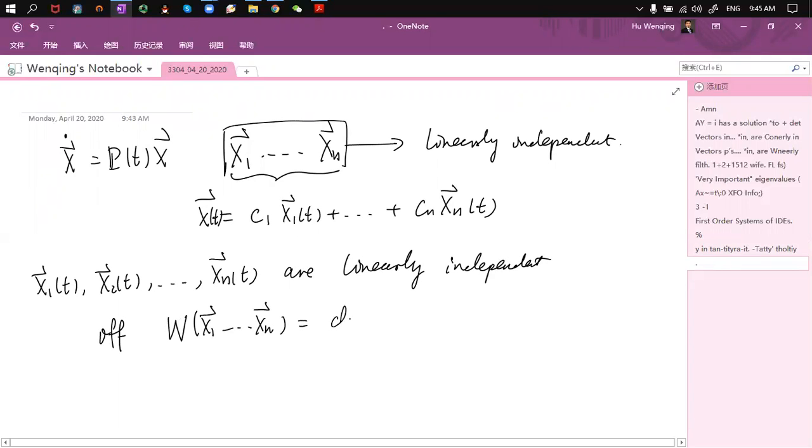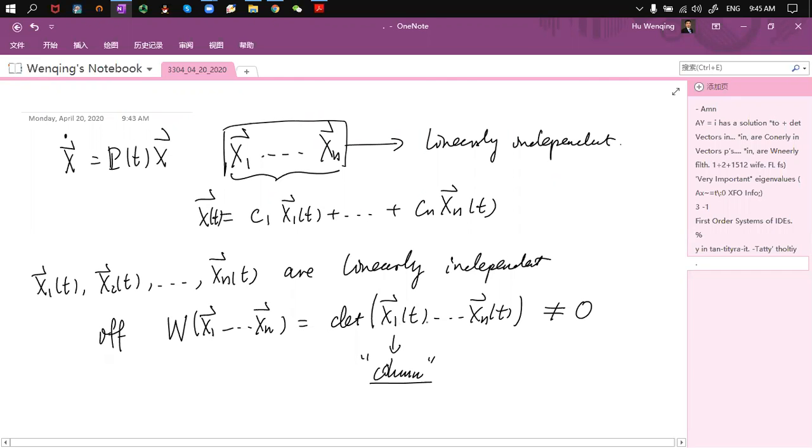You treat each of these vectors as a column vector and put them in a row. You get a square matrix. If its determinant is not equal to 0, it means your solutions are linearly independent. If they're linearly dependent, this is going to be equal to 0. So this is the idea.